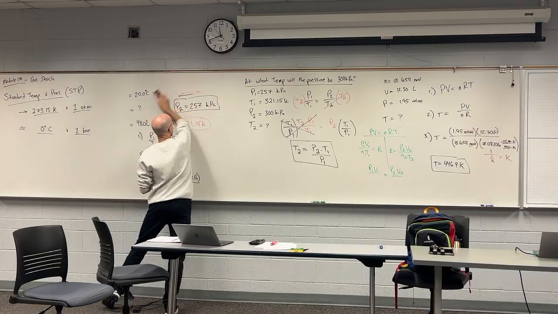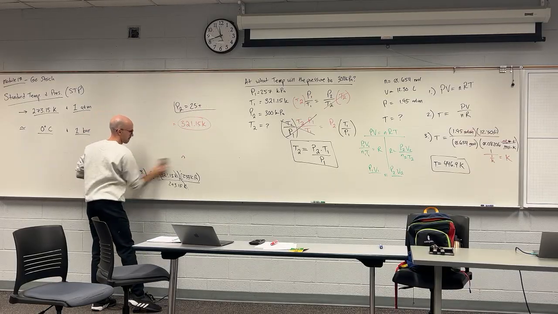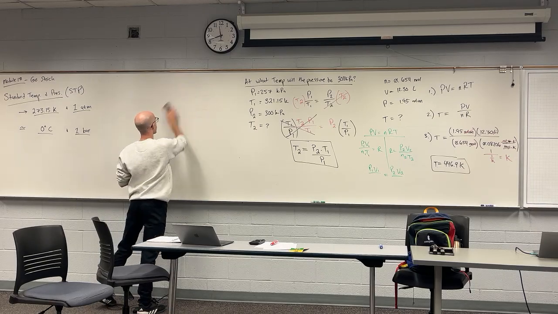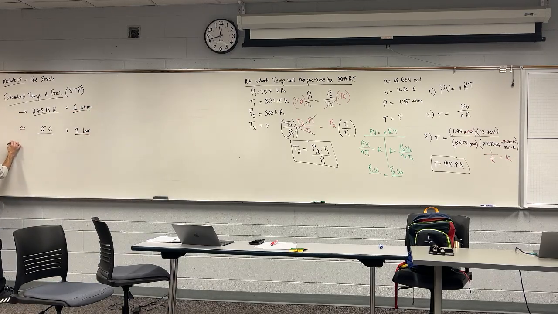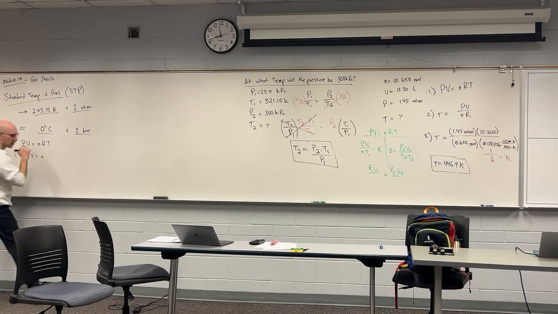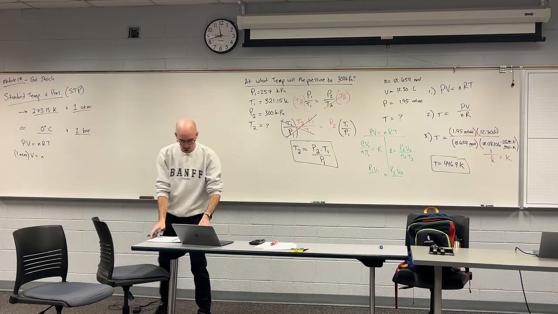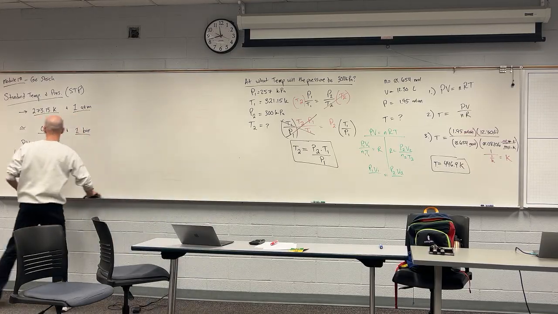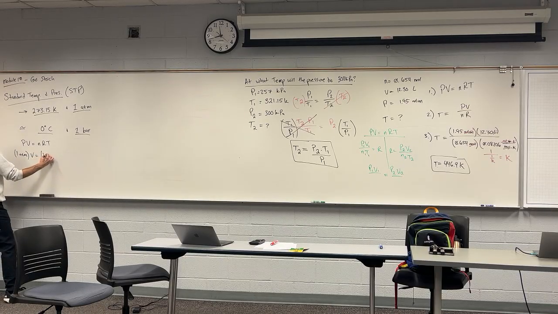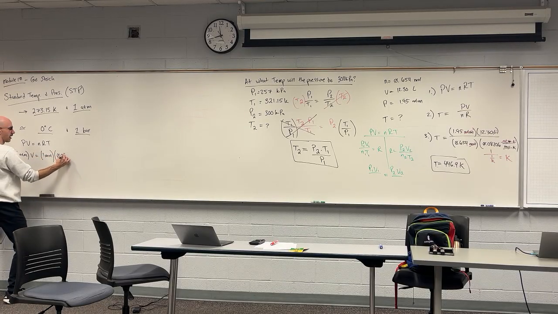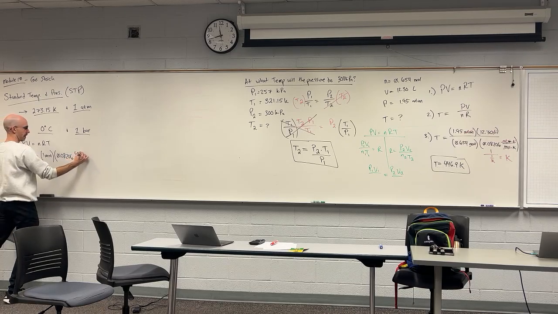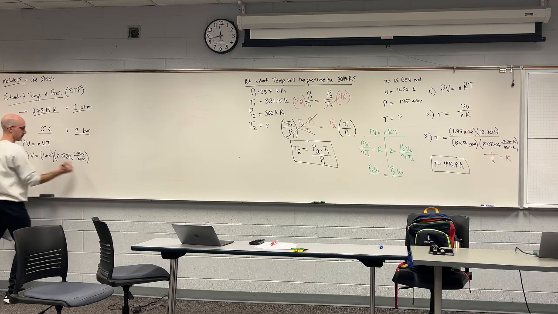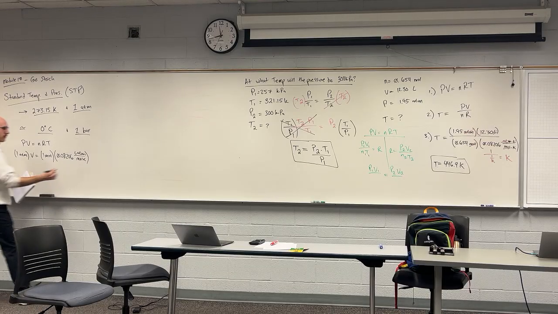So now if we plug in STP into the ideal gas law equation, PV = nRT, pressure is 1 atmosphere times some volume. Let's say that we're looking at 1 mole of a gas, times our gas law constant, times our temperature.